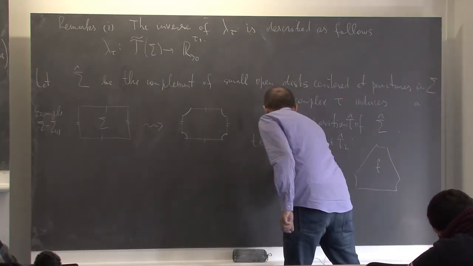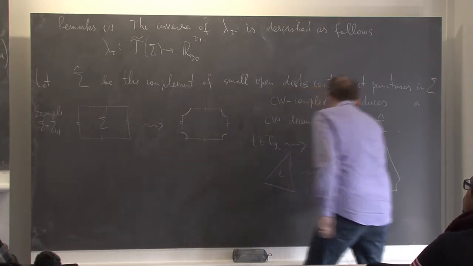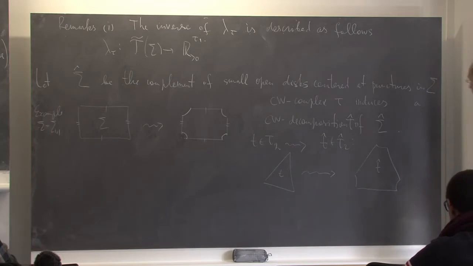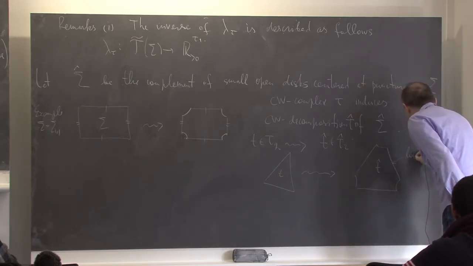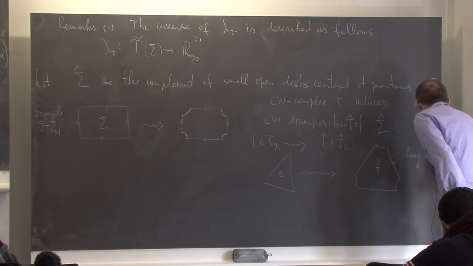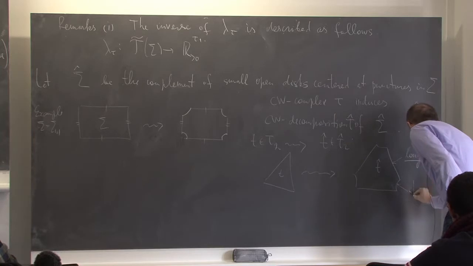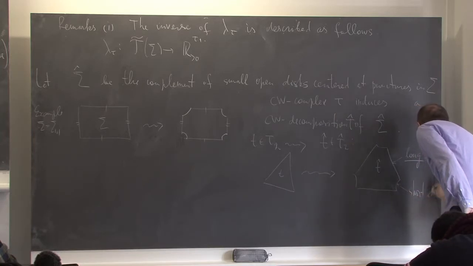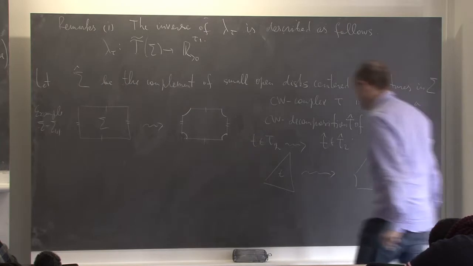This was t. And then we have short edges and long edges. So this will be a long edge, and this will be a short edge. Okay, we have constructed a new CW complex.